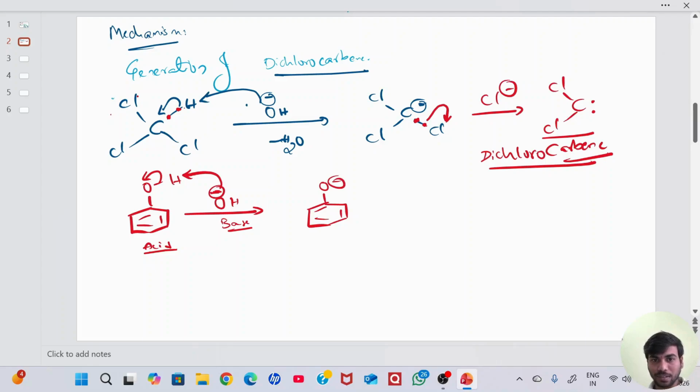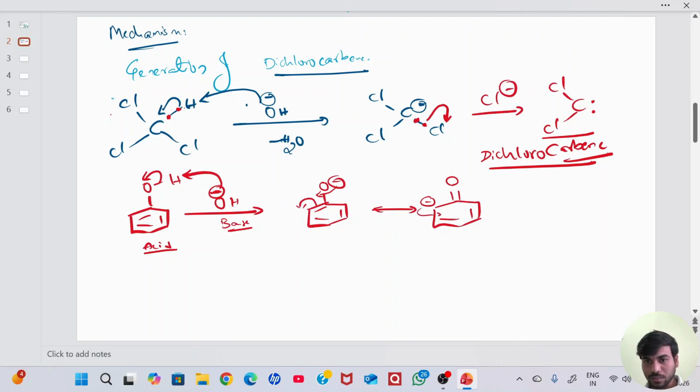This phenoxide ion, see, it participates in resonance, and you will get a negative center at ortho position.